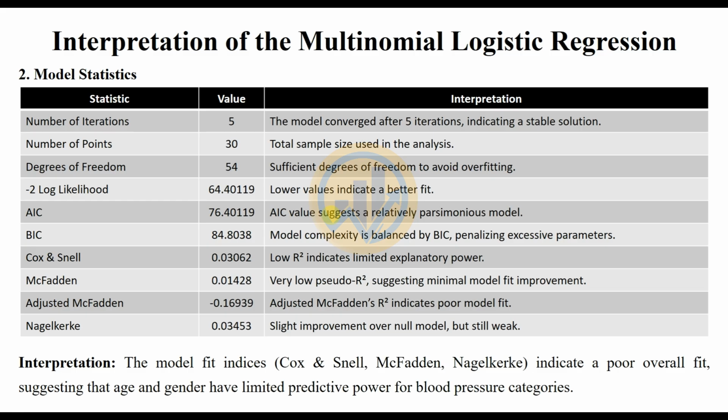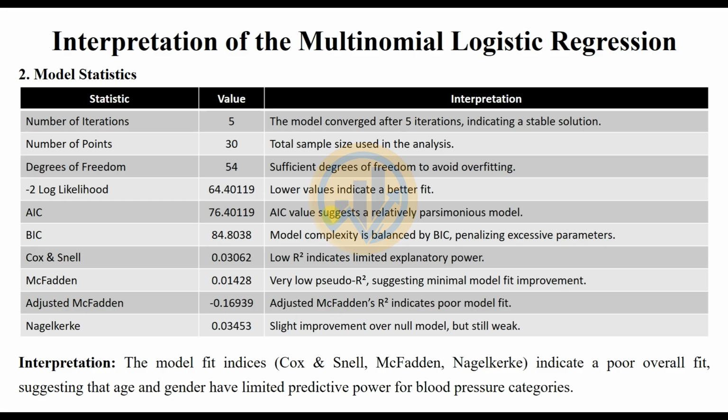AIC, Akaike information criterion, has a value of 76.40, suggesting a relatively parsimonious model. BIC, Bayesian information criterion, has a value of 84.80, penalizing excessive parameters. The Cox and Snell value is 0.03, a low R square indicating limited explanatory power.